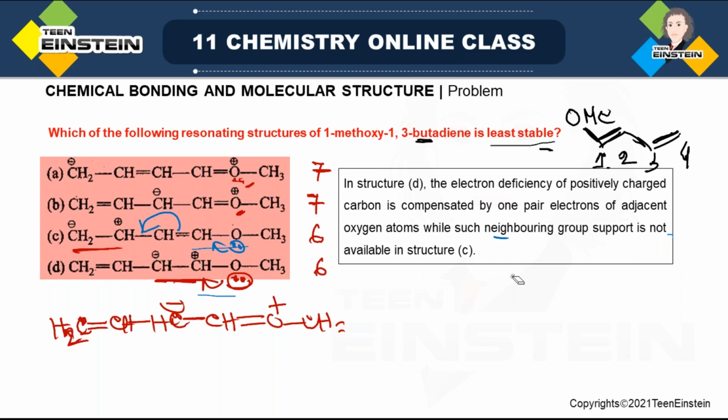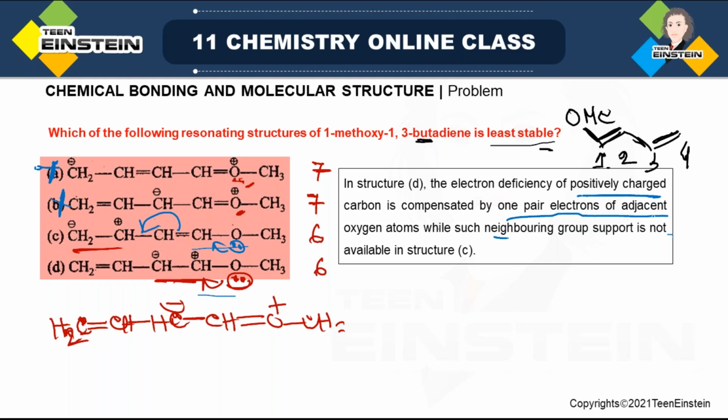See what is written. In structure D, A and B are already cancelled because they are stable. Octet is complete. Among C and D, you have to now choose. What is the logic? In structure D, the electron deficiency of the positively charged carbon is compensated by one pair of electrons that is coming from the neighbor, the adjacent oxygen.